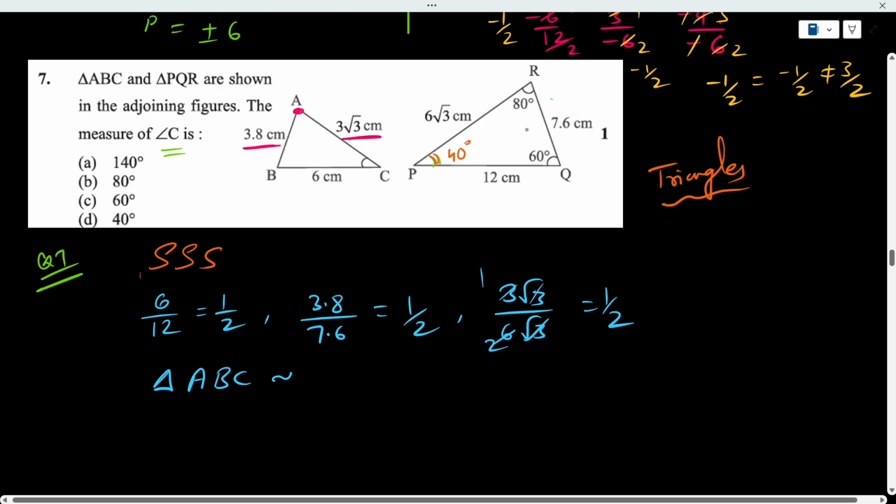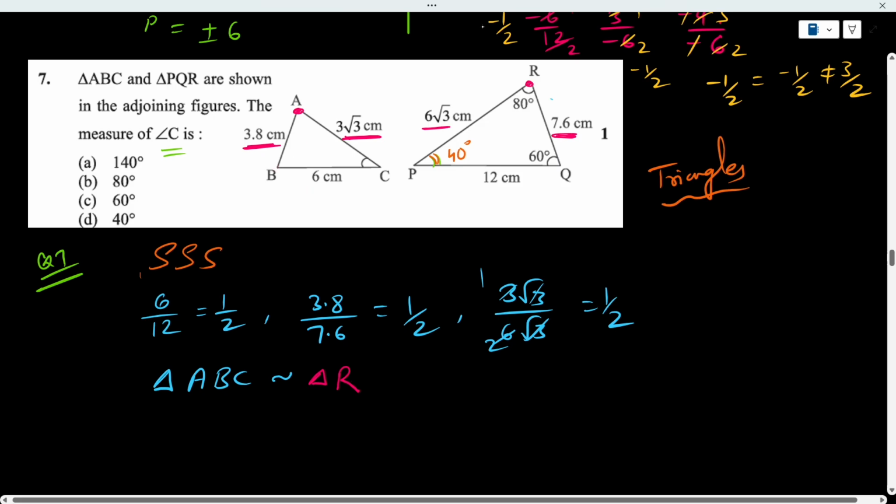Now check the other corresponding sides of 3.8, which is 7.6, and 3 root 3, which is 6 root 3. Then what is the vertex between those two sides? See, these two sides are meeting here. Then where are their corresponding sides meeting? This is the way to identify the correspondence, right? So A corresponds to R.